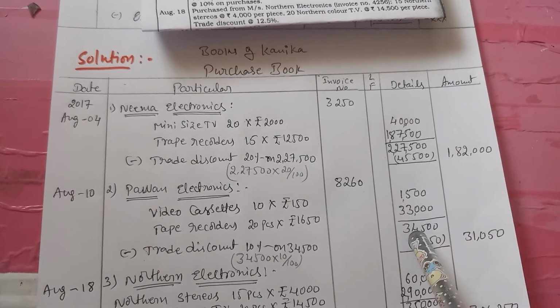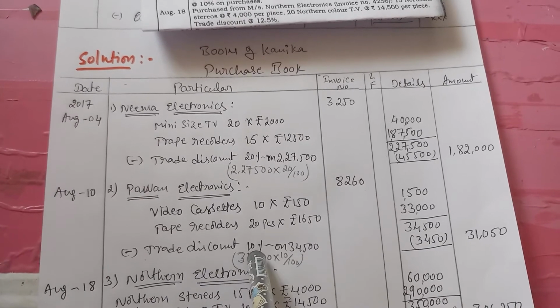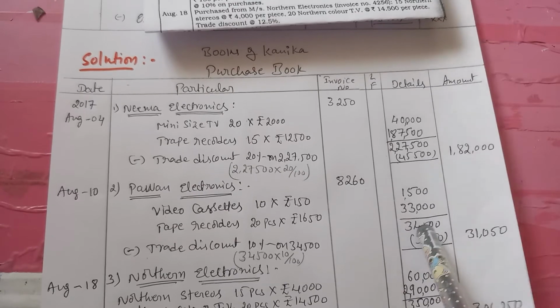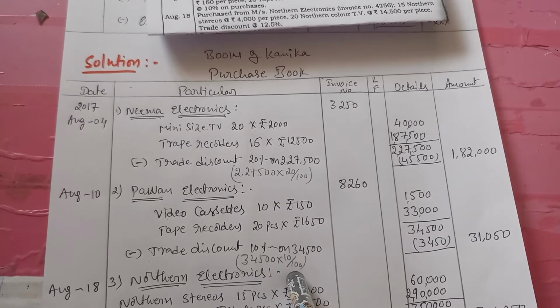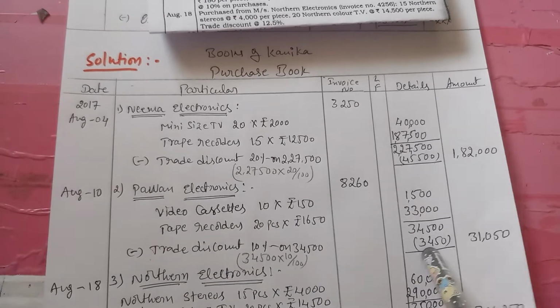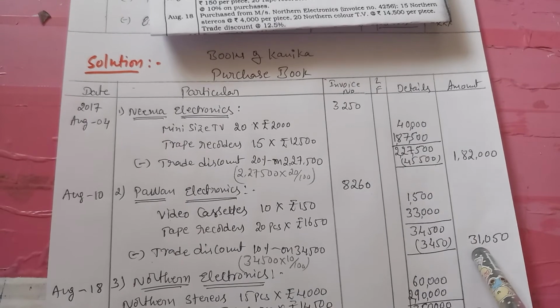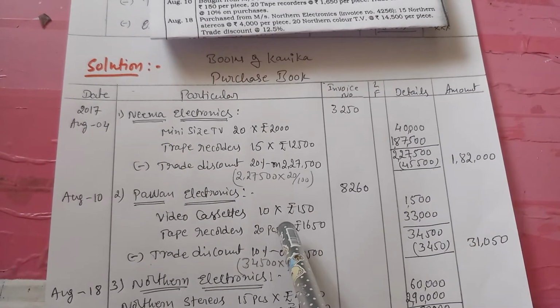Add both and we get 34,500. Next, minus trade discount, that is 10% on 34,500. 34,500 into 10 divided by 100 gives 3,450. Minus 3,450, we get 31,050 rupees. This is the second transaction.